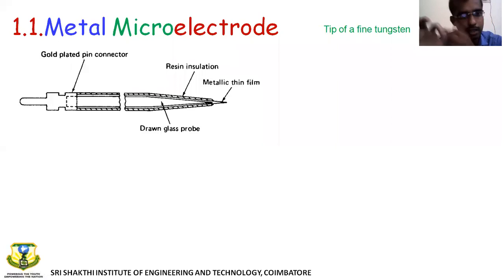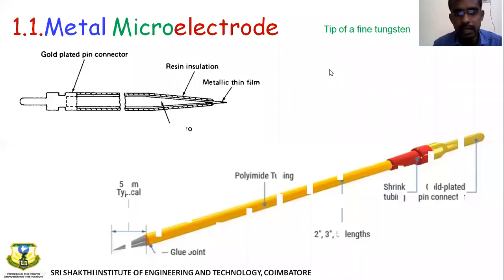The tip is what touches the body, as in the case of a digital thermometer, right? The tip is very sharp and made up of metal. From here the wire runs and goes to the probe. They will connect the probe here and I'll try to show you the real one.